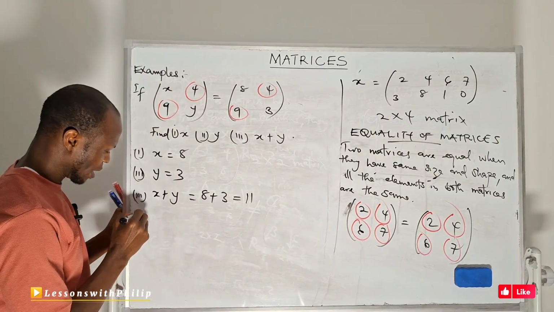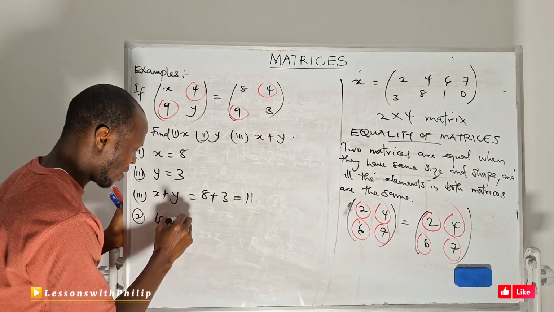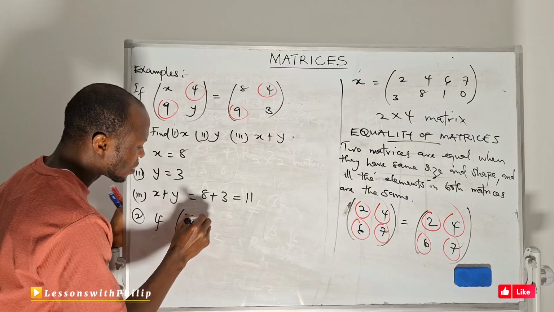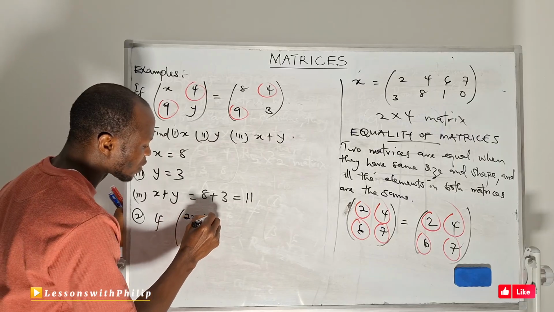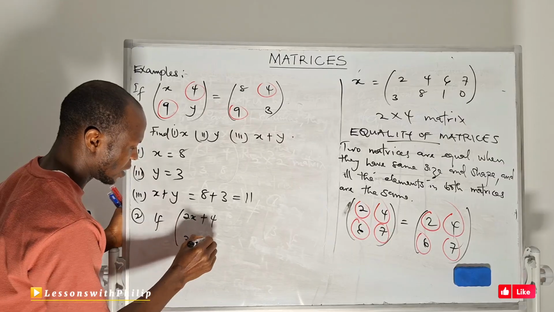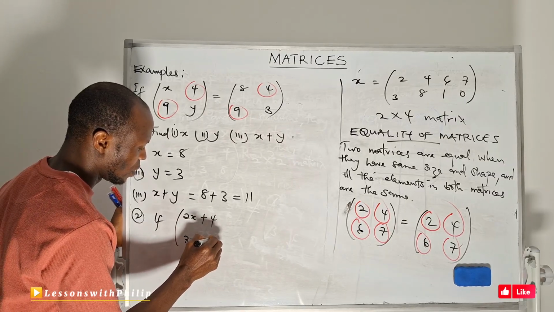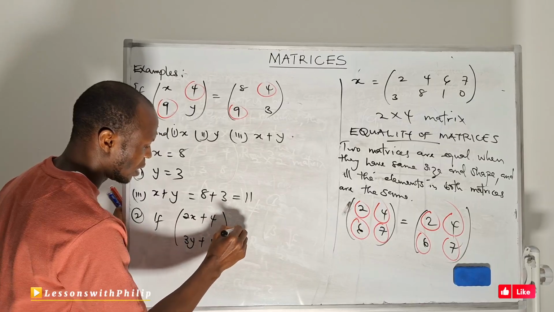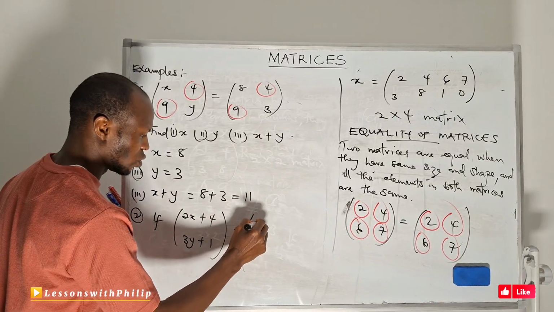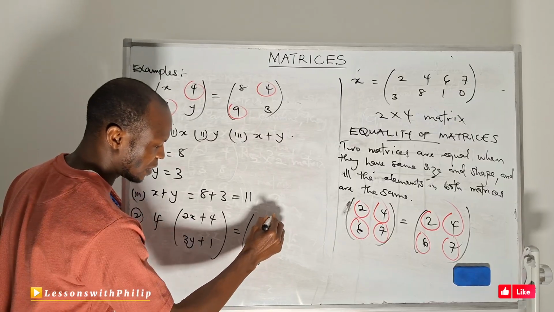Let's do more examples. Example 2. If we are told that we have the matrix with 2x plus 4, 3y plus 1, equal to the matrix with 12, 18.